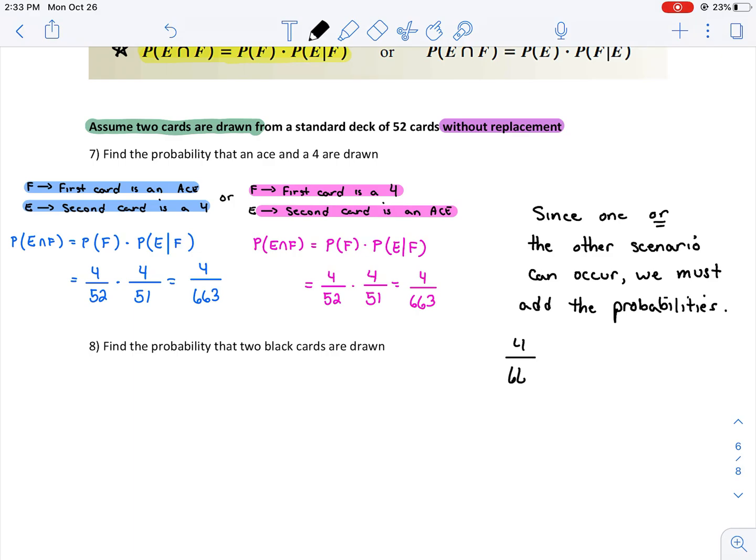So 4 divided by 663 plus 4 divided by 663 is equal to 8 divided by 663, and we are done.